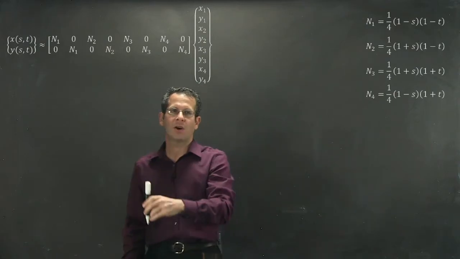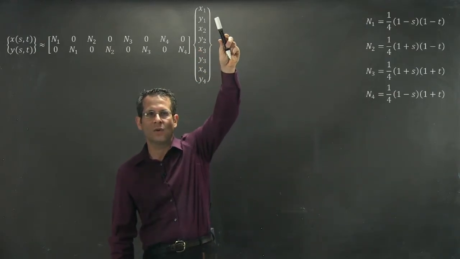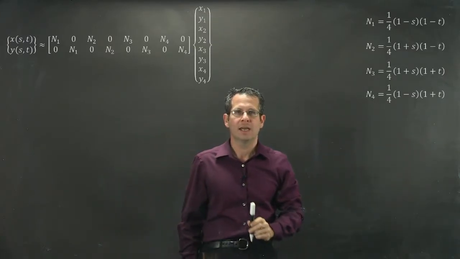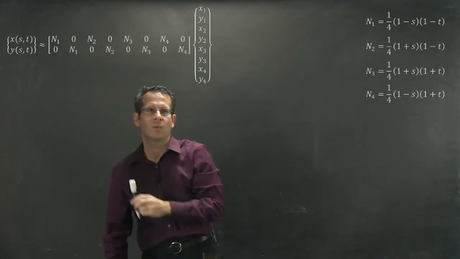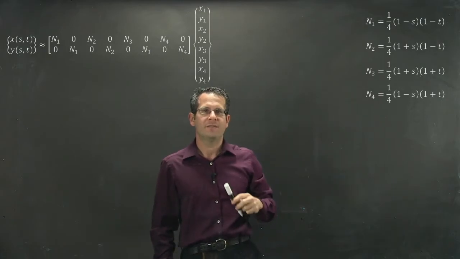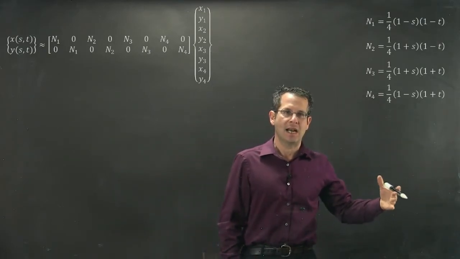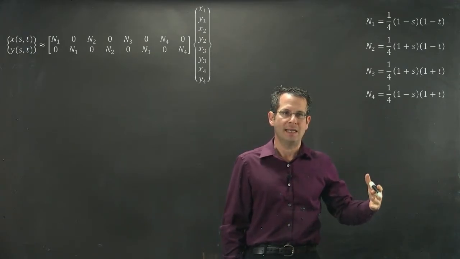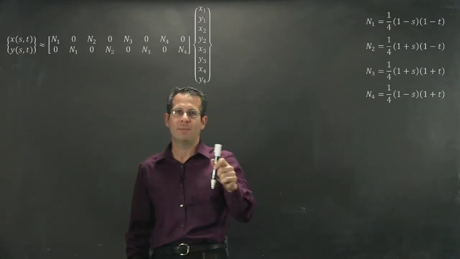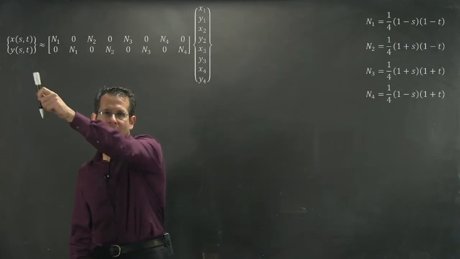These functions are made up of a location vector, which consists of the locations of our four nodes in XY coordinates, times shape functions, which are functions of s and t. These functions ensure that any point that exists inside our square element in ST space will be mapped to a point inside the quadrilateral in XY space.